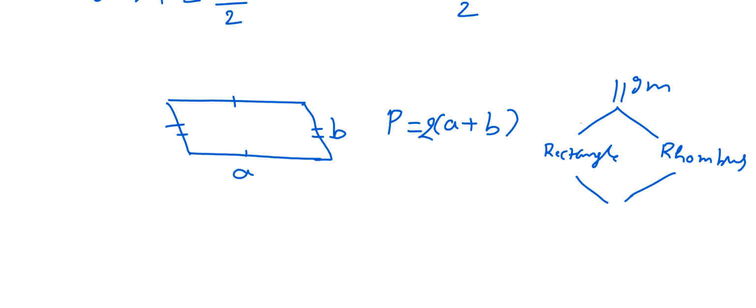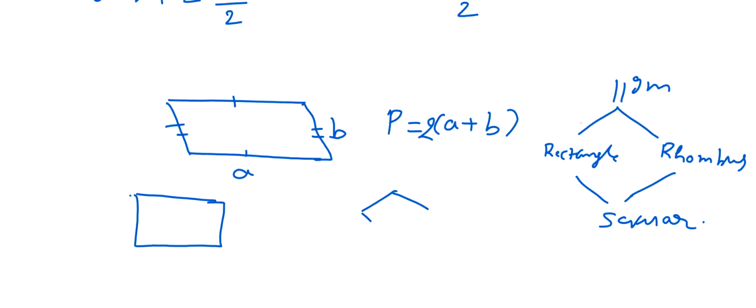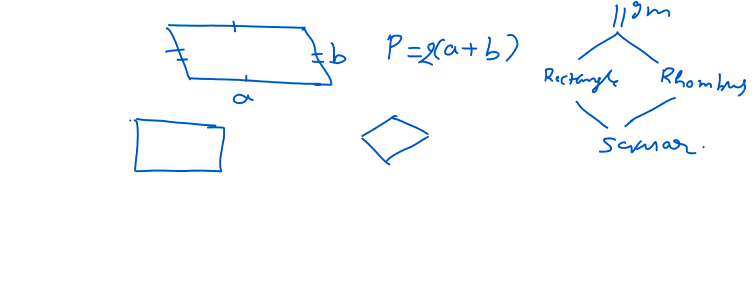So parallelogram, then on one side rectangle, on another side rhombus, then square. I am making all the figures: here a rectangle, here a rhombus, and below a square.